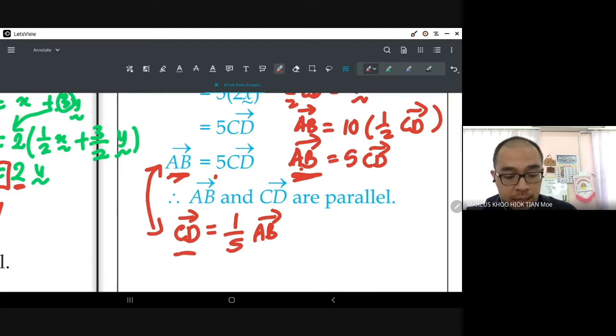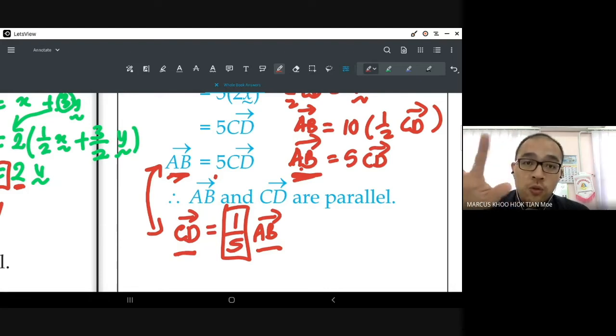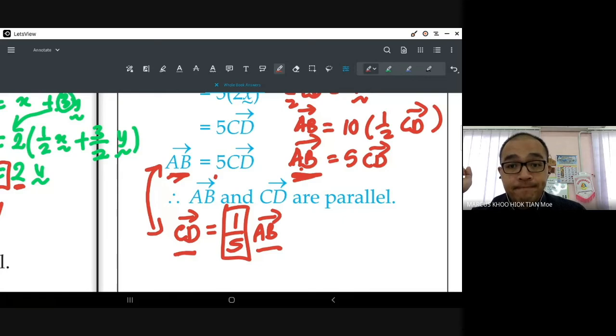Is it the same vector? Yes, it is the same vector. Is there a number that connects this vector? Yes, there is a number that connects this vector. It doesn't have to be a whole number. It can be a fraction. It can be 1 over 5. Totally no problem. But as long as you can equate the two vectors and there is a number that connects both of them, therefore they are parallel.